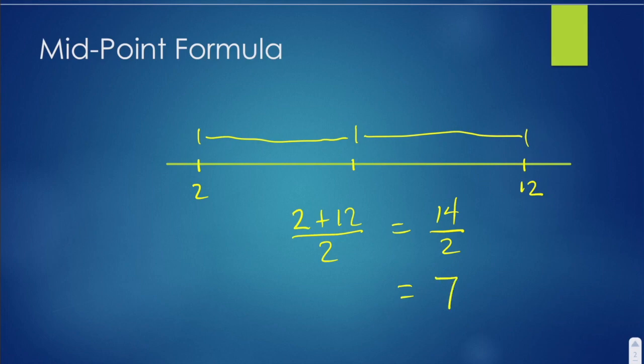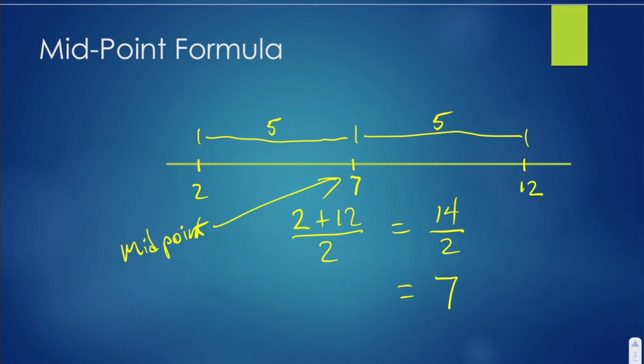So the coordinate between 2 and 12 is 7. And if you think about it, 7 is 5 units away from 2, and 7 is 5 units away from 12. So that makes then 7 the midpoint of the segment with endpoints 2 and 12.